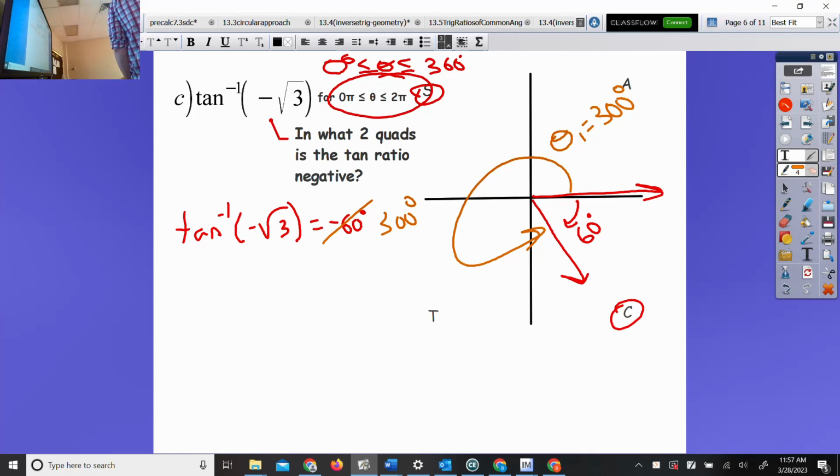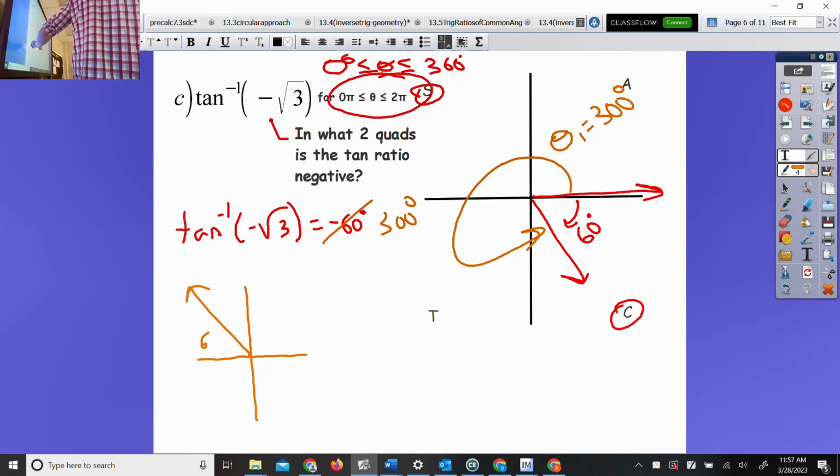There's another answer. That wasn't the second answer, that was the first answer. The second answer lies in what quadrant? 2. The other one we circled. You get to draw part of an angle in quadrant 2. You get to draw the stuff left over. What's the stuff left over? Calculators return things that can be used as reference angles. 60.